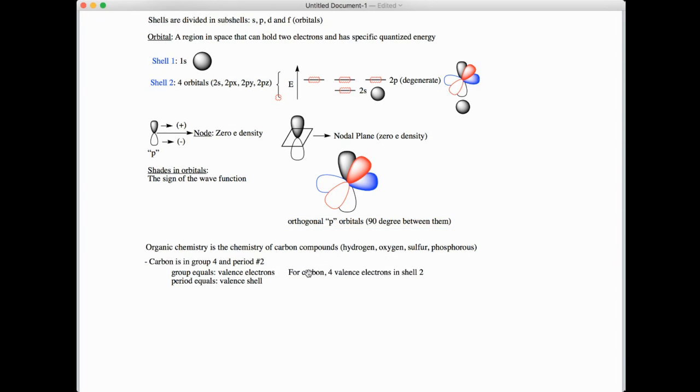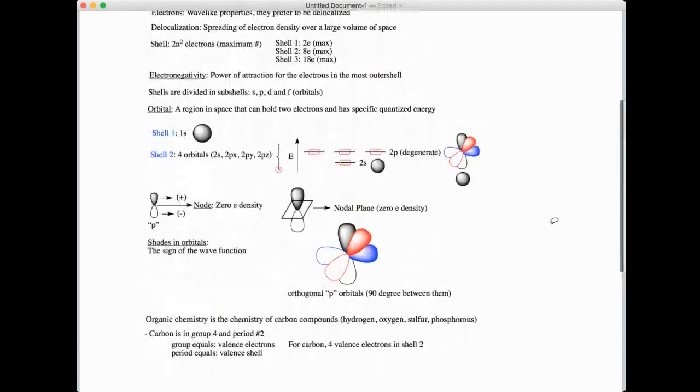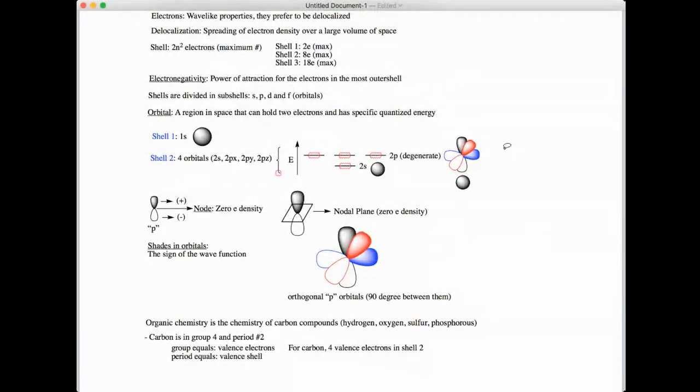Now my question is, how many orbitals do we have in shell number 2? What's the total number of orbitals that we can find in shell number 2? 4 orbitals. In shell number 2, we have 4 orbitals, correct?